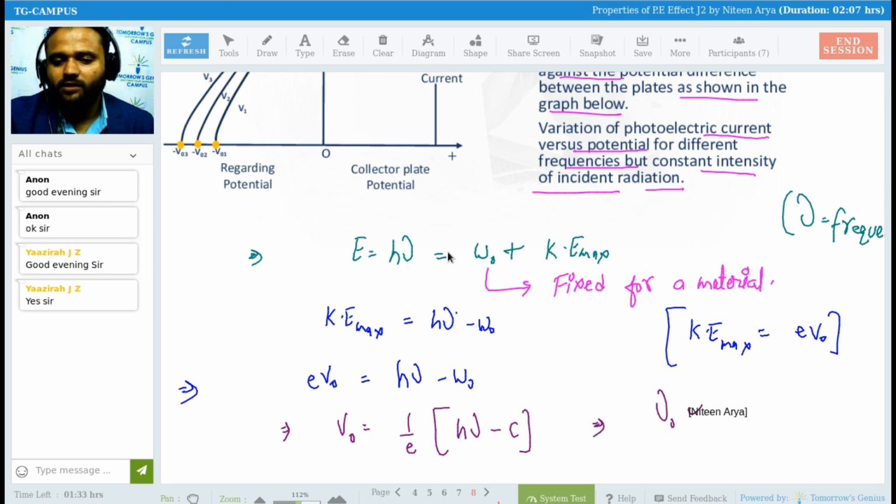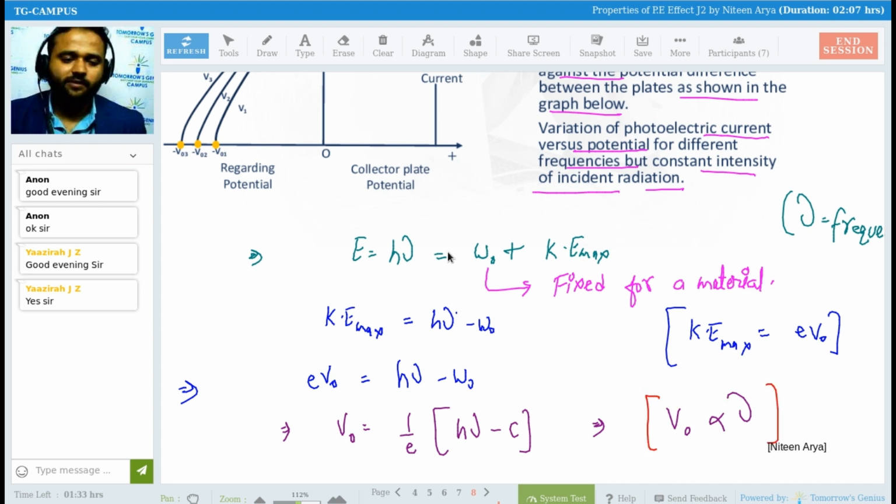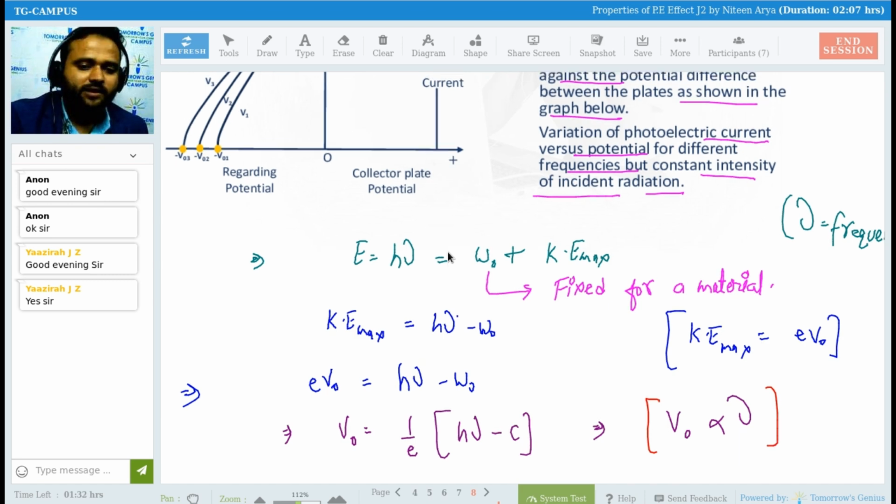So obviously this V₀ is directly proportional to ν. On the right hand side we have frequency, on the left hand side we have stopping potential.